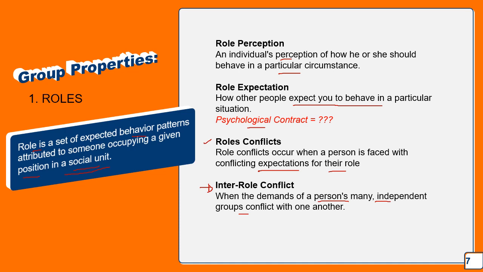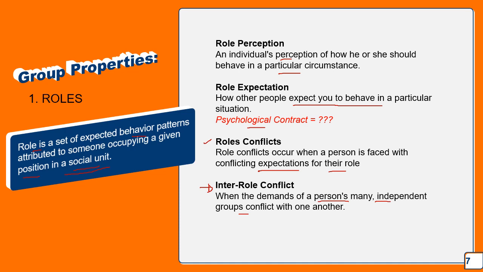For example, I am a lecturer. At the same time, I am the president of Biz Club, or business club. I am also the treasurer of the lecturers club. I am also a mother to my children, a wife to my spouse, and a daughter to my parents.